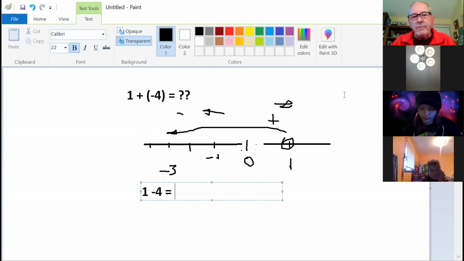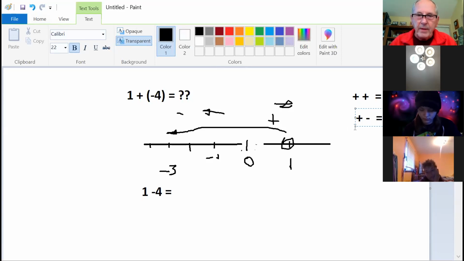And remember, do you remember the rules? If you have a positive times a positive, what's a positive times a positive equal to? Positive, right? Two positives times each other will equal a positive. What if it's a positive and a negative? What will it equal to? A negative, right?